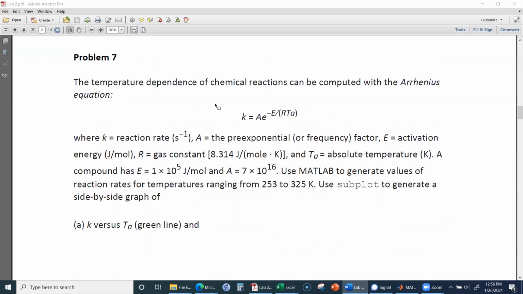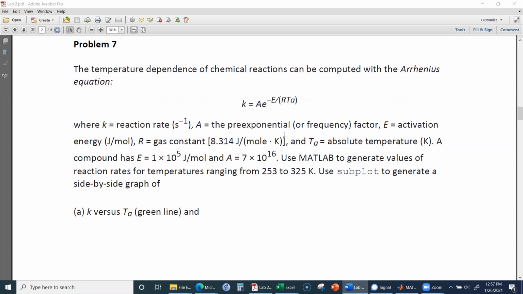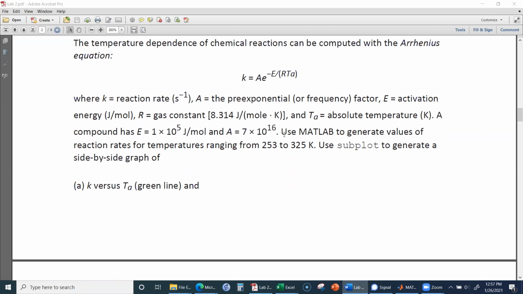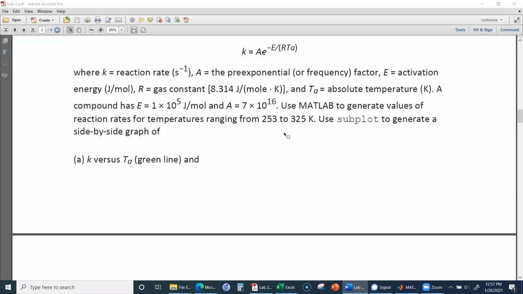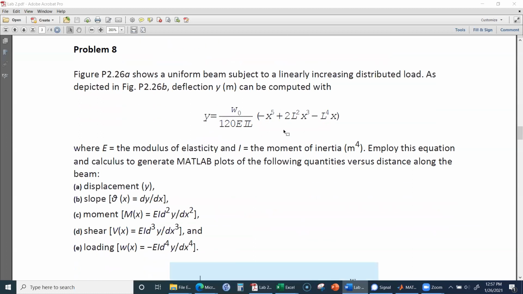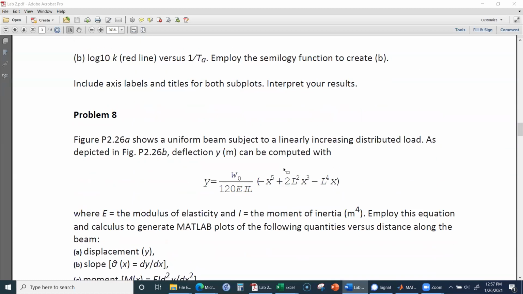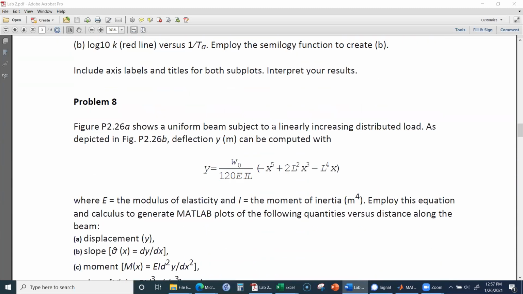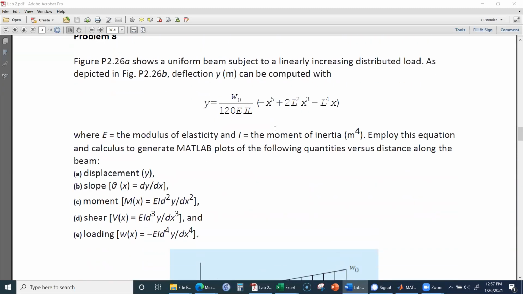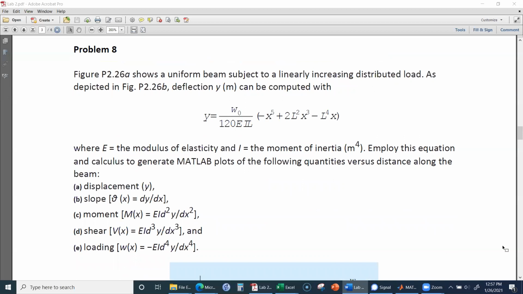The temperature dependence of chemical reactions can be computed with the Arrhenius equation. This is something like a chemical engineering problem. Maybe the other problem may be more interesting for you. Problem number 7 and problem number 8 are of similar character. So maybe I skip problem number 7 and go to problem number 8.